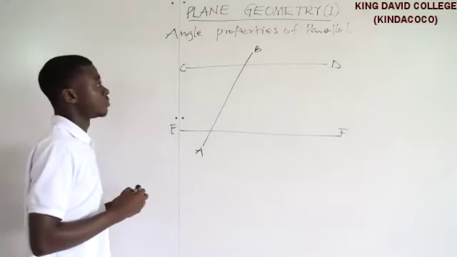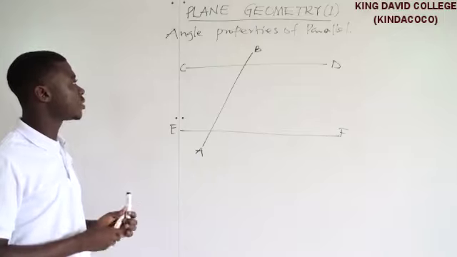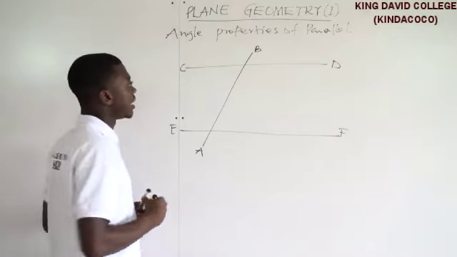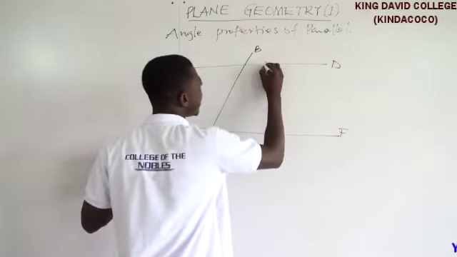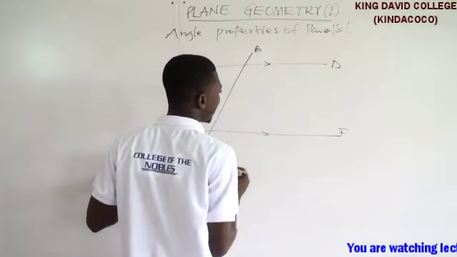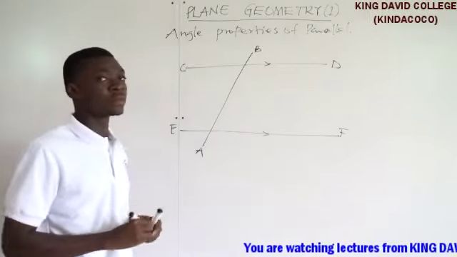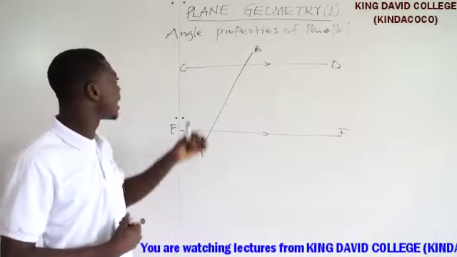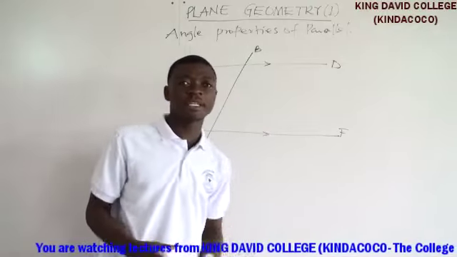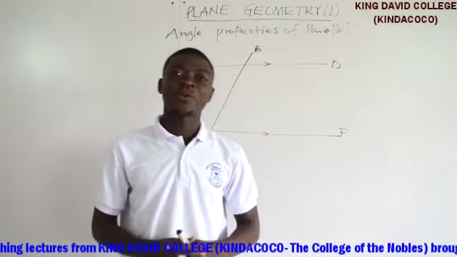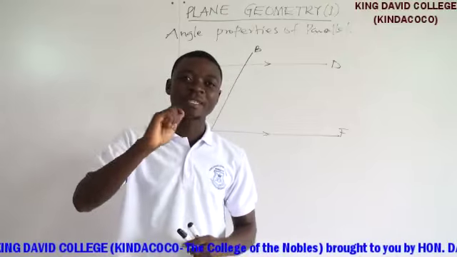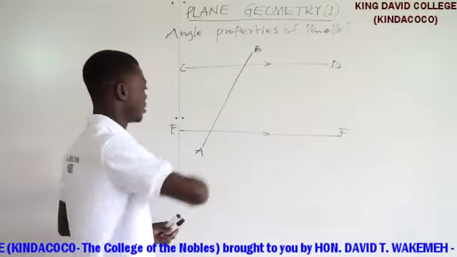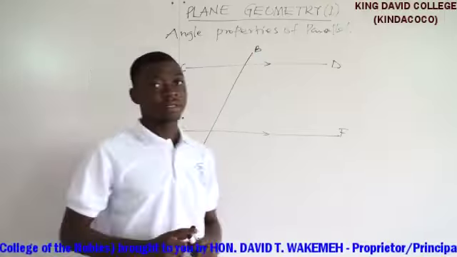Good. Now, they told you that line CD and line EF are parallel. So they have these two lines, CD and EF, being in what? Parallel. When that happens, they exhibit a certain property on line AB.